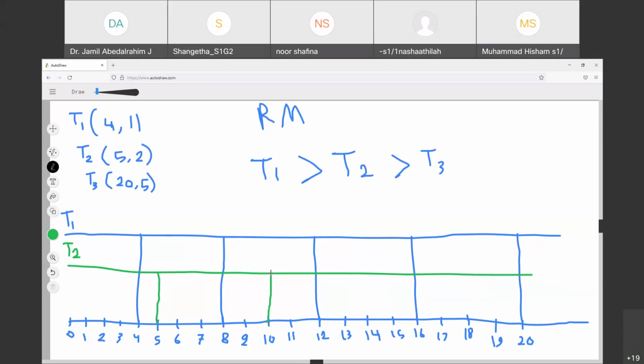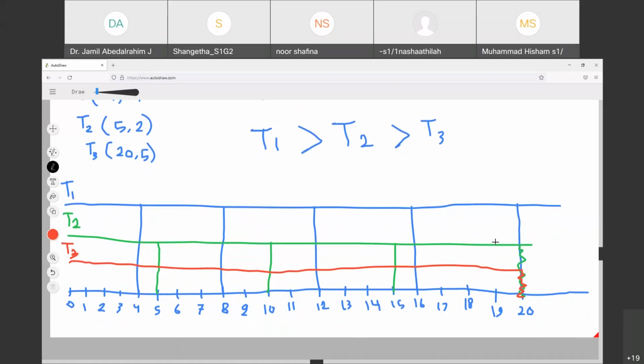The second period is from 5 to 10, then 10 to 15, and 15 till 20. That's for task 2. For task 3, the period is 20. This is for task 3.